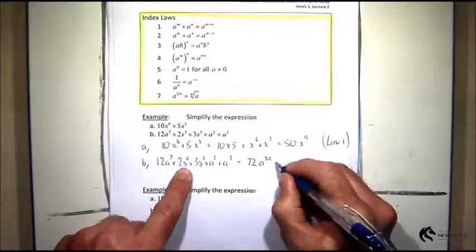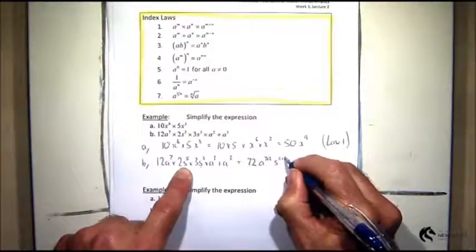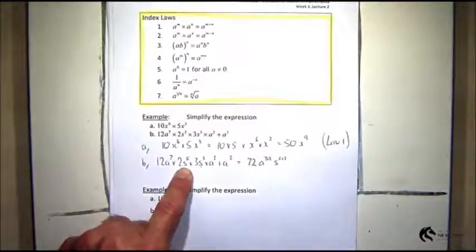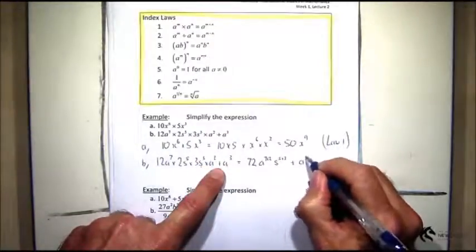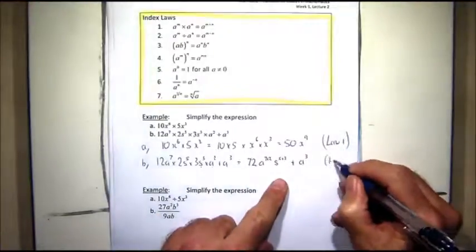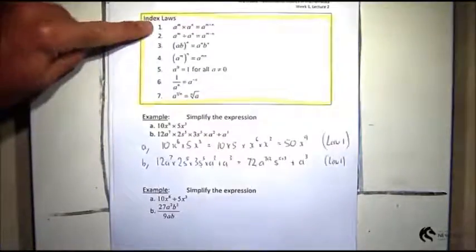So using my index laws, that'd be s to the 5 plus 3. And now I've done the multiplication, I can now add in that last number, which is a cubed. So far in there, all I've done is use law 1 up here. I've used that law up the top.